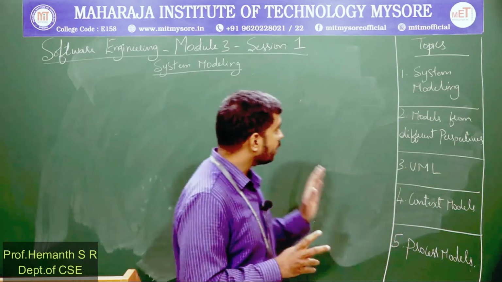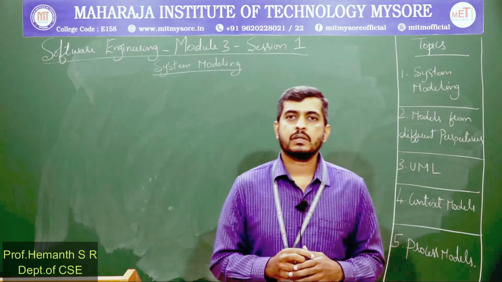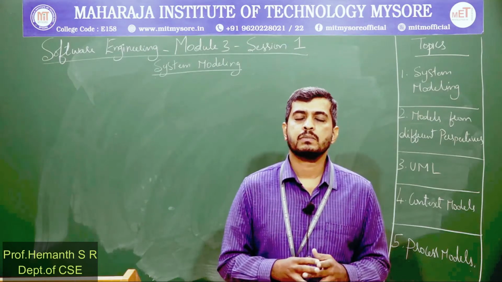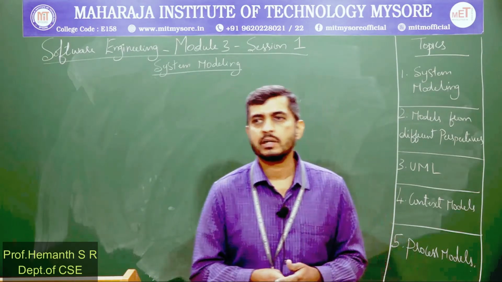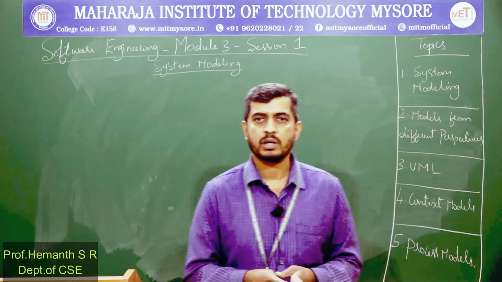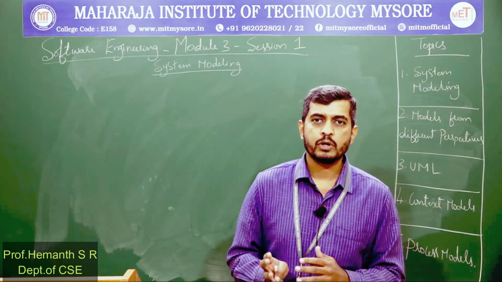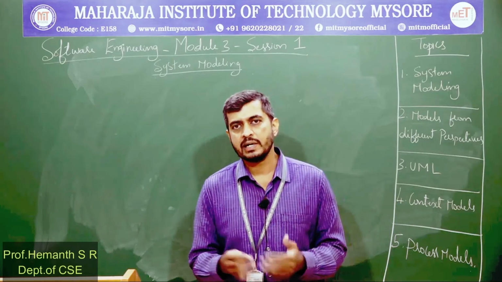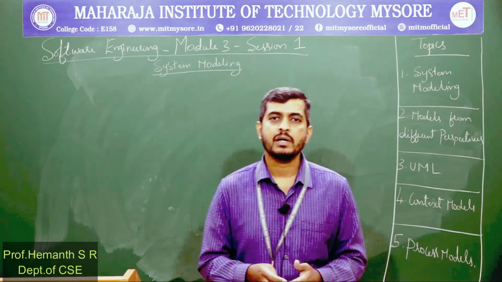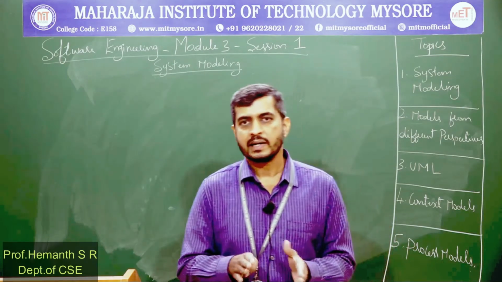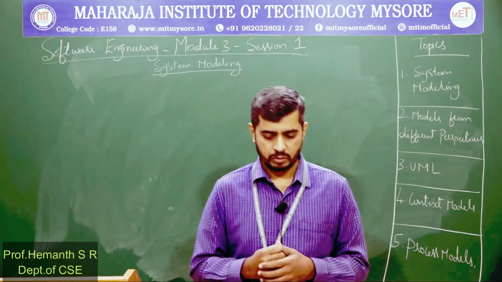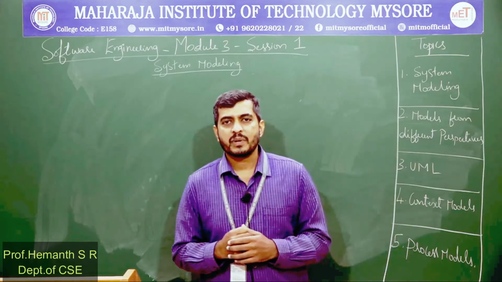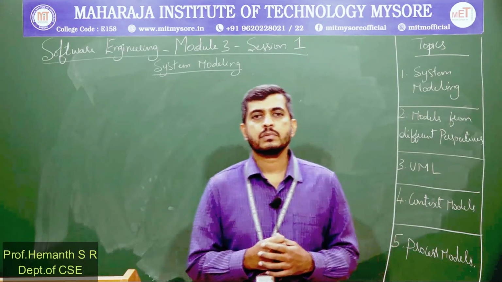One is system modeling, which will give us a description about how exactly we can present our plans using graphical illustrations or graphical models. The second part in module 3 is design and implementation, where we will deal with how design can take a transition, or should take a transition, to implementation. So that was a brief introduction about module 3.